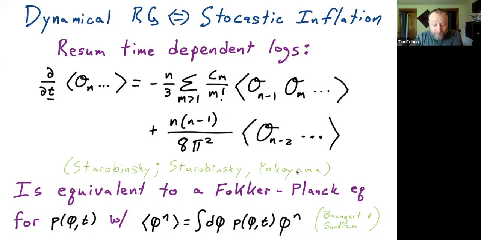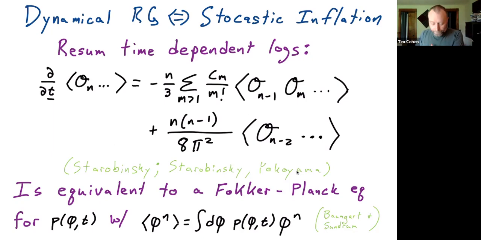And once we have reframed the question of understanding this Fokker-Planck equation in terms of RG, now we're very good at computing RG, right? And so we can just follow the standard rules and compute to however high an order we're interested in. And that's what we are going to do.